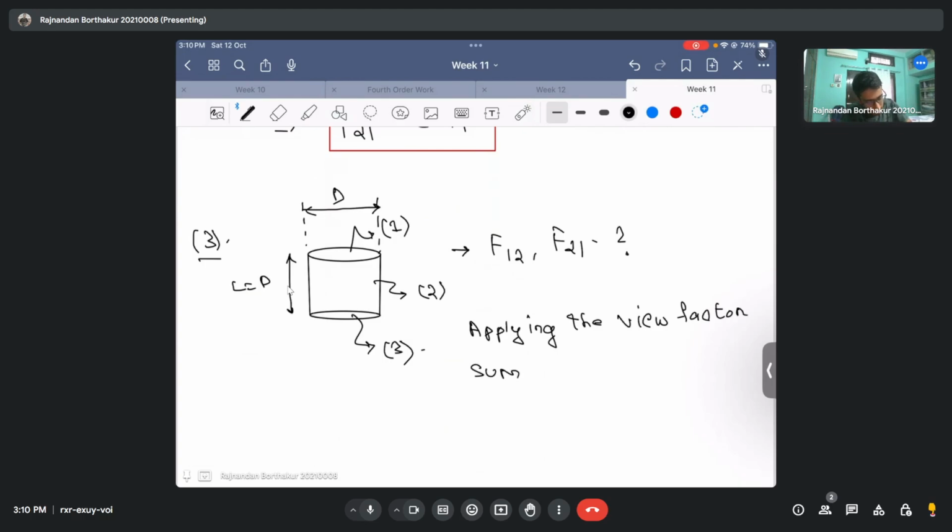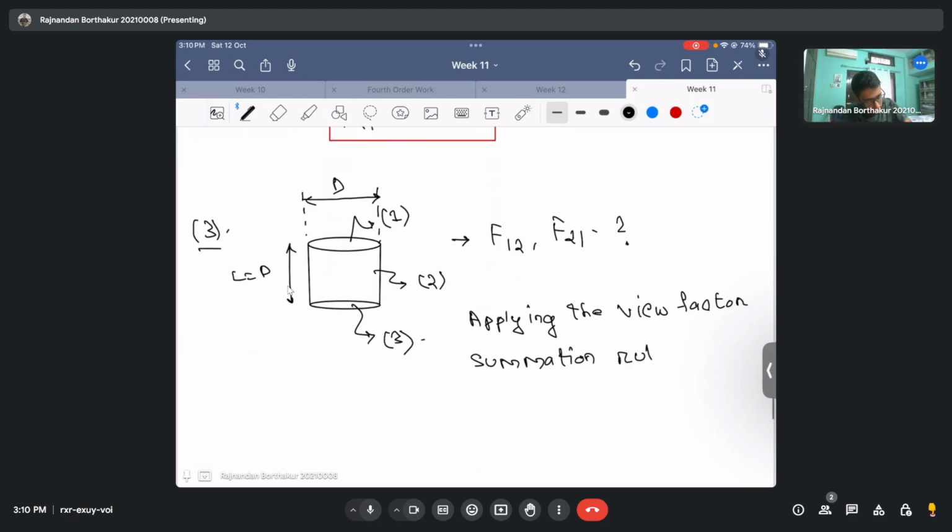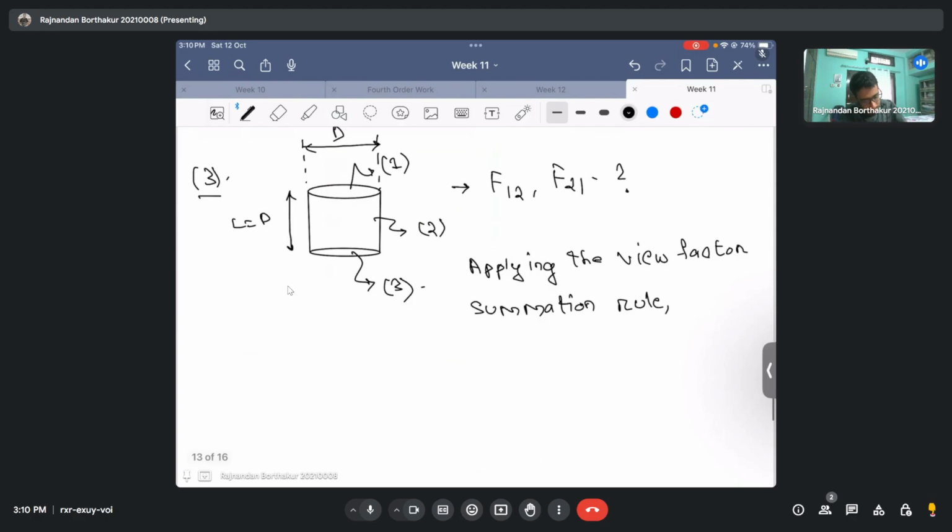Applying the view factor summation rule for surface 1, what we get is F11 plus F12 plus F13 is equal to 1.